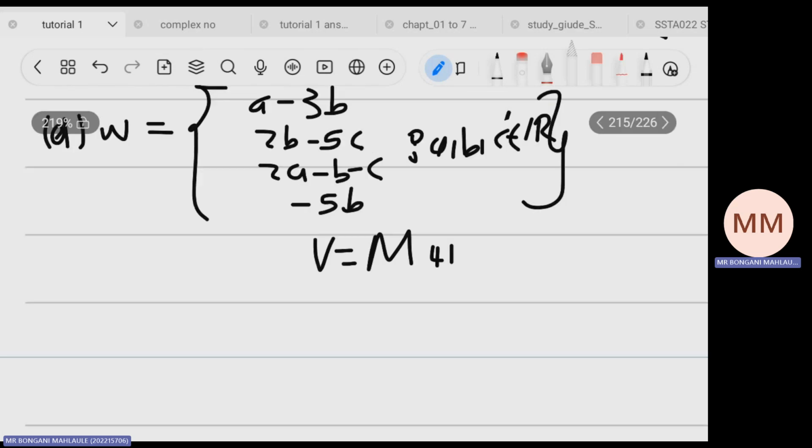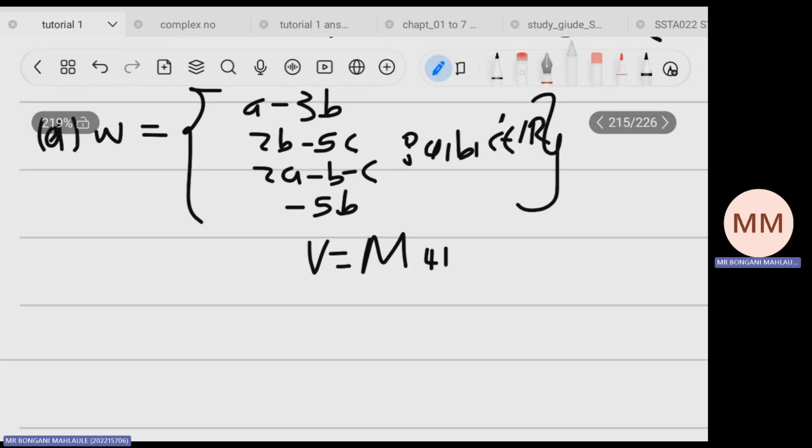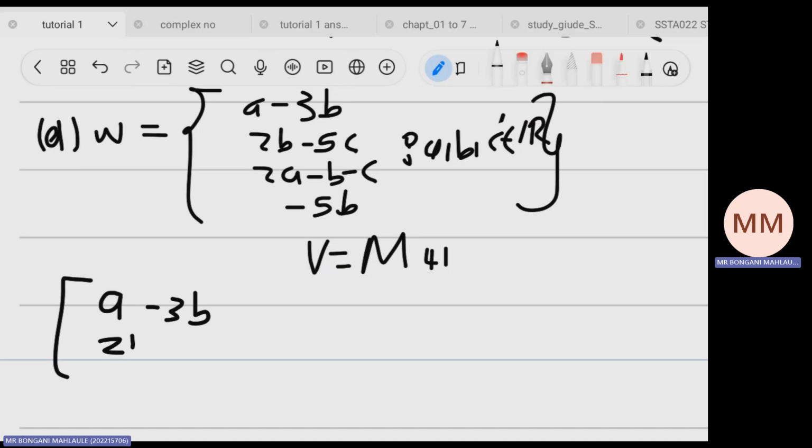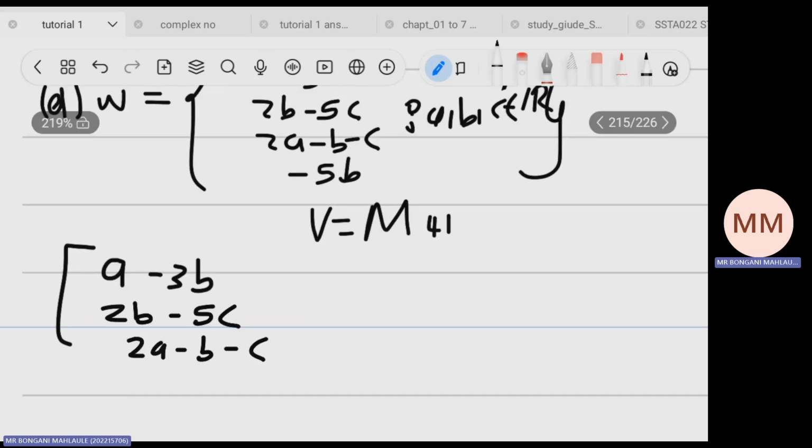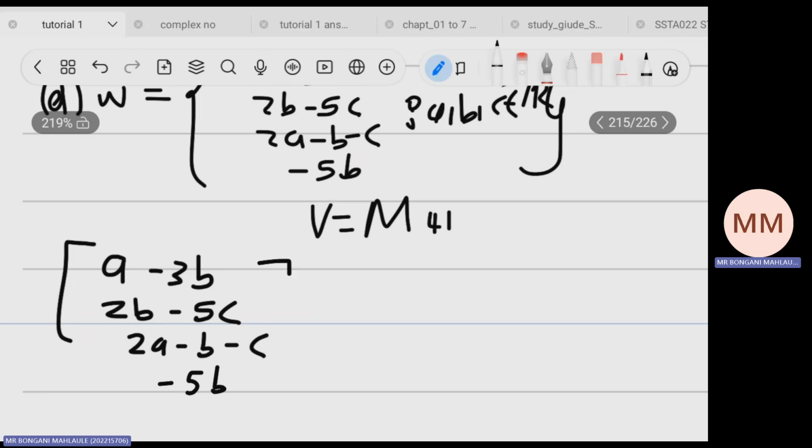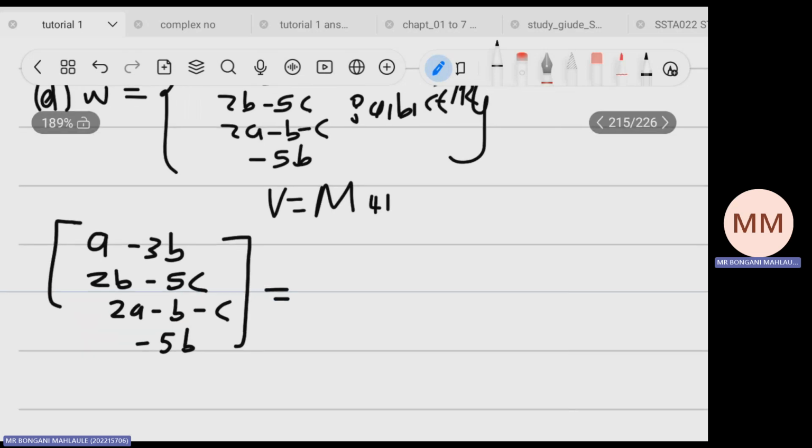So we can split this vector in this way. We can write it like this.